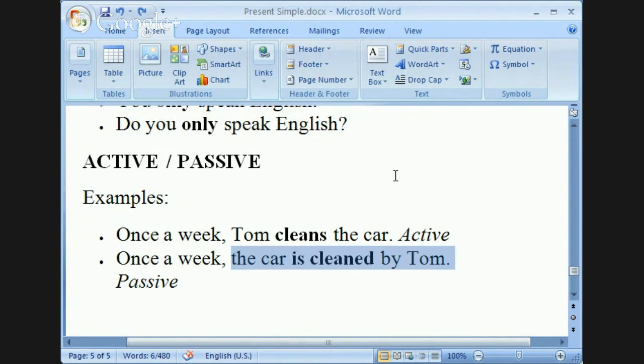Okay. I'm not sure what verb you're using, but tea you drink? Tree. Yeah. Okay. Tree. Yes. Oh, I got you. The tree is cut by me. Okay.